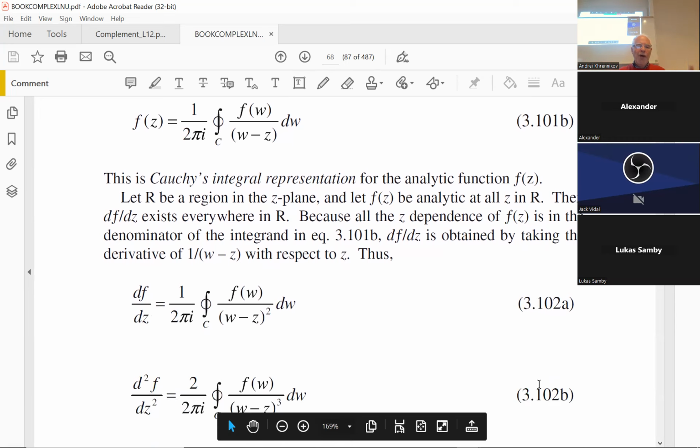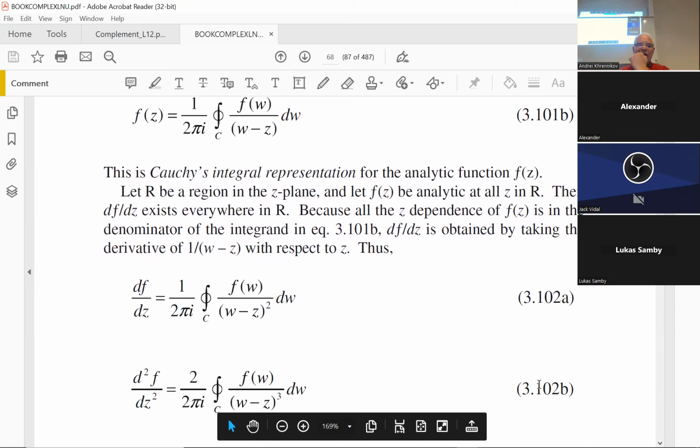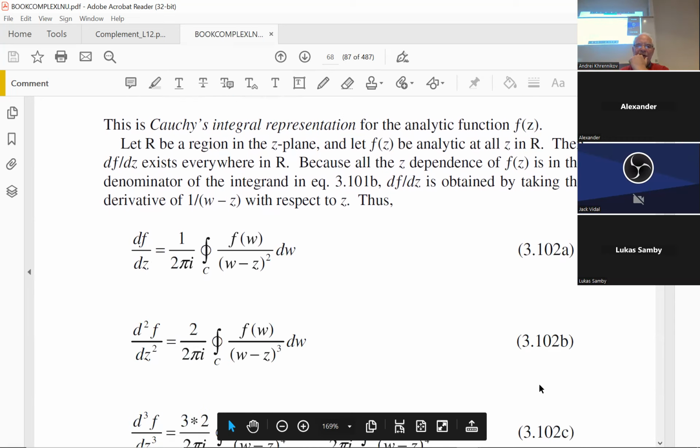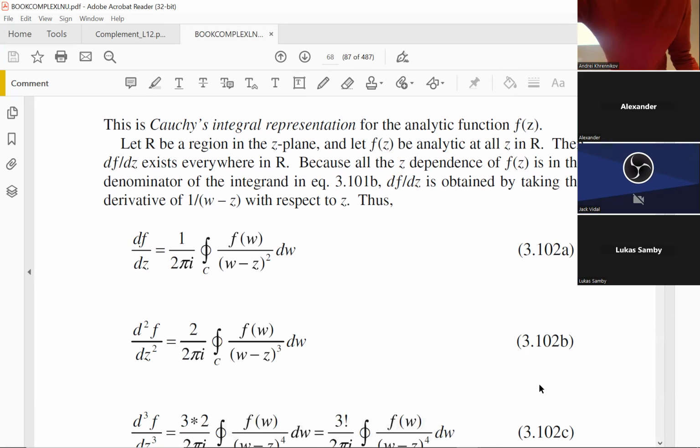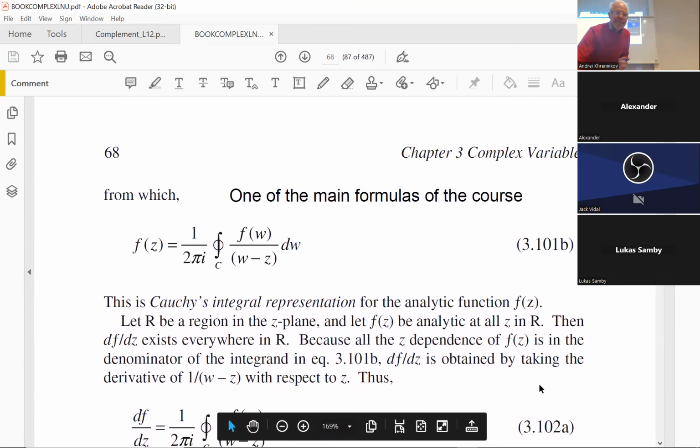Now, where is this formula correct? One remark. Here is integration around z.